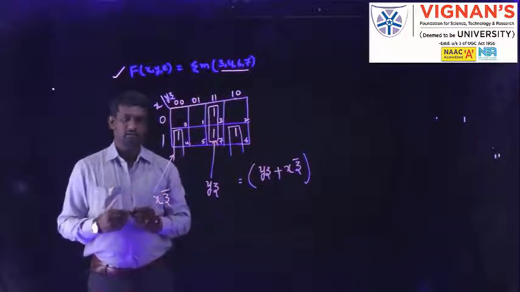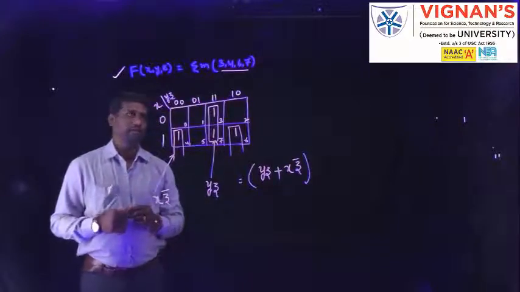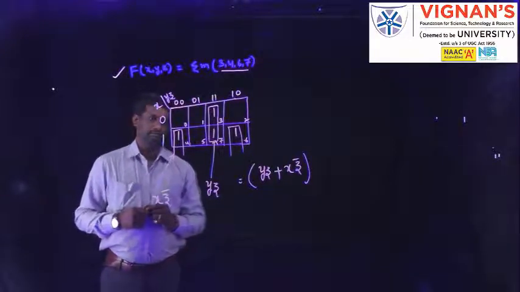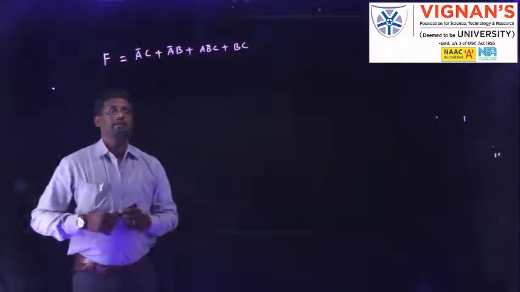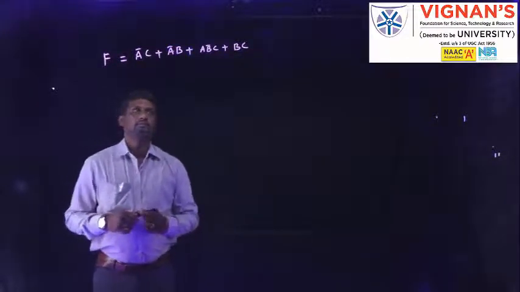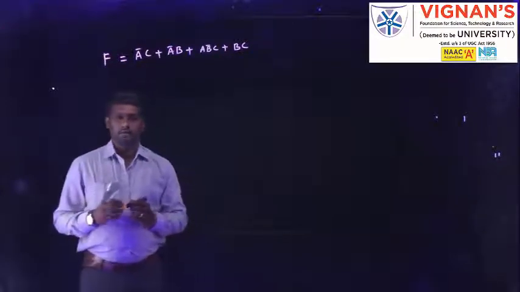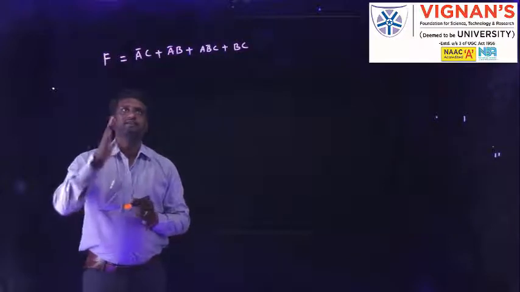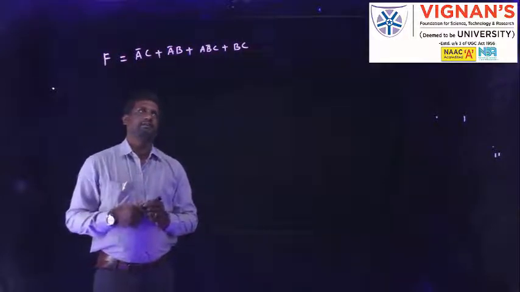This is one more example for the three variable K map. The next model. So if you observe this problem, it is also a three variable Boolean expression.